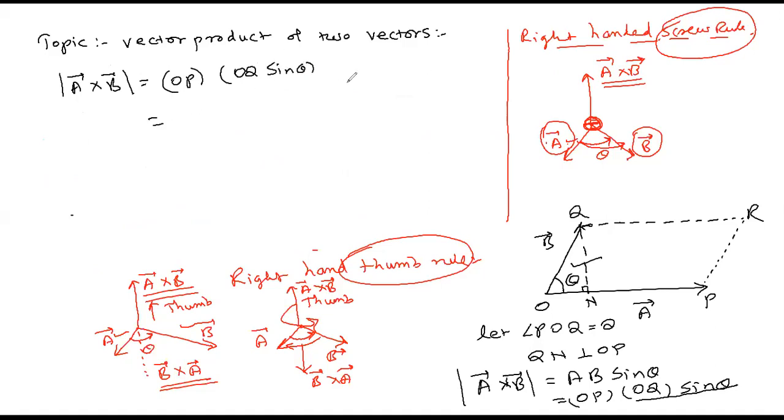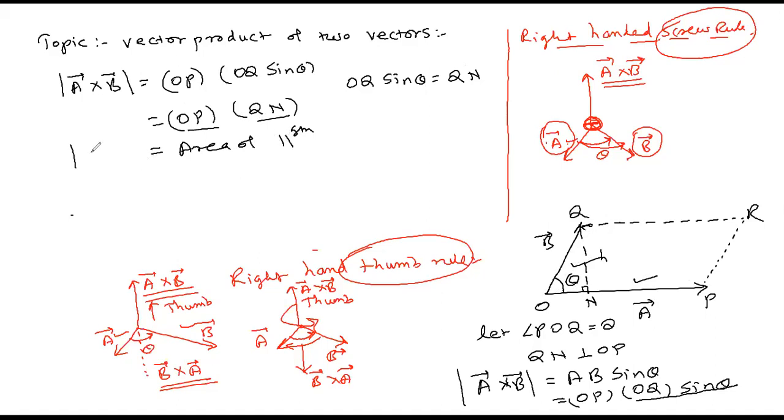OQ sine theta is equal to QN, so I can write OP into QN. OP is the side of the parallelogram, and QN is the height. So base into height is nothing but the area of the parallelogram.